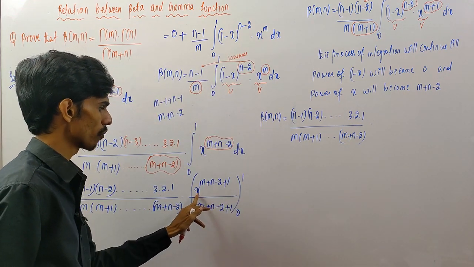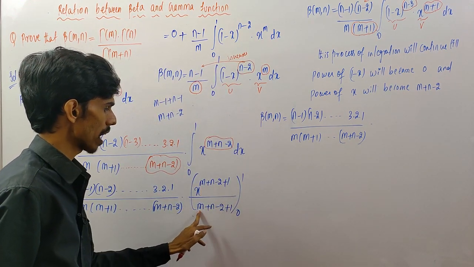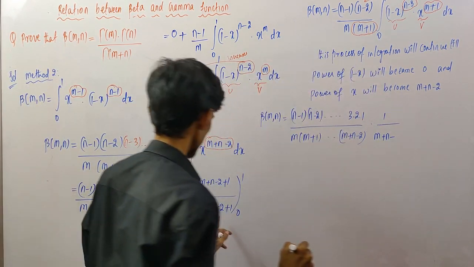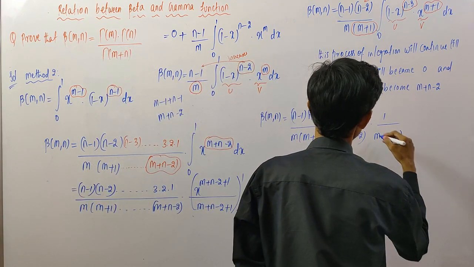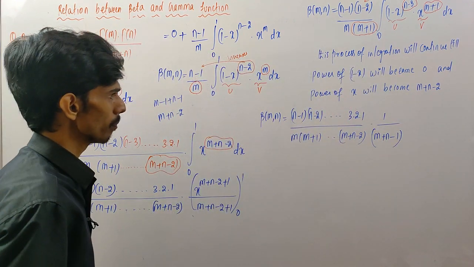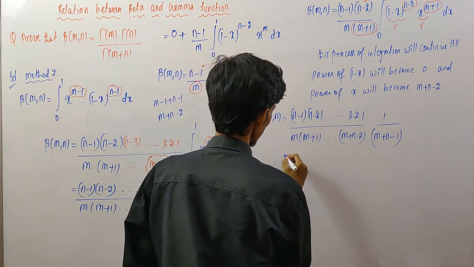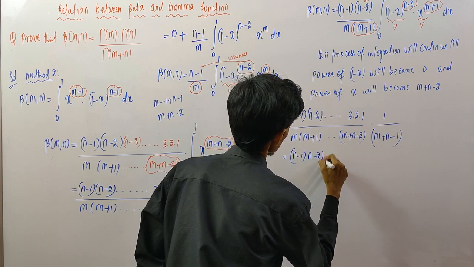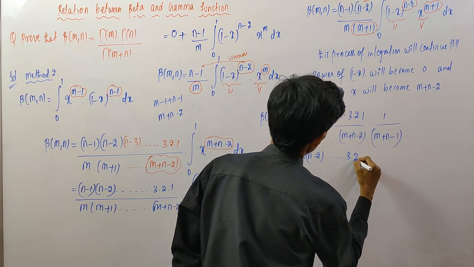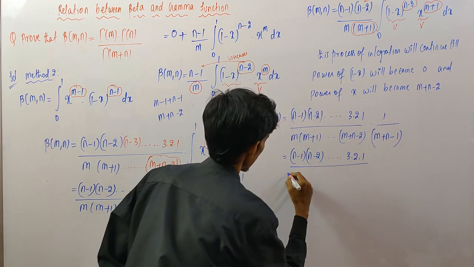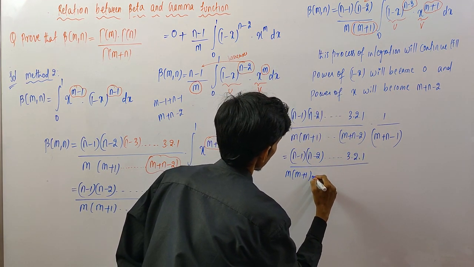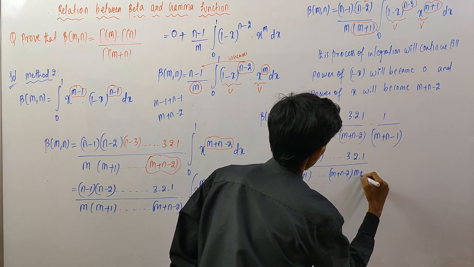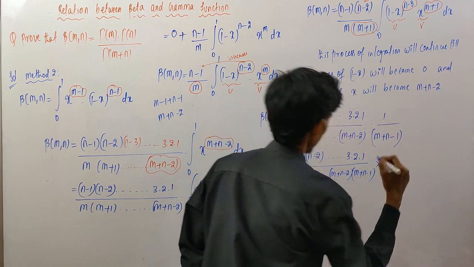Here substitute x value 1. 1 power of anything is 1 only. So we have 1 divided by m plus n minus 2 plus 1, minus 0. Now this can be written as n minus 1 into n minus 2 into 3, 2, 1, divided by we have m into m plus 1 up to so on m plus n minus 2 into m plus n minus 1.